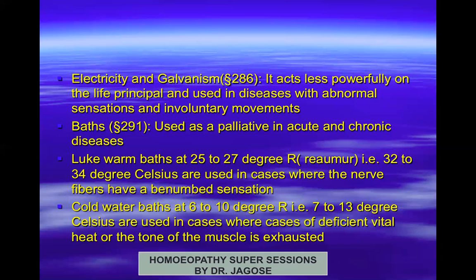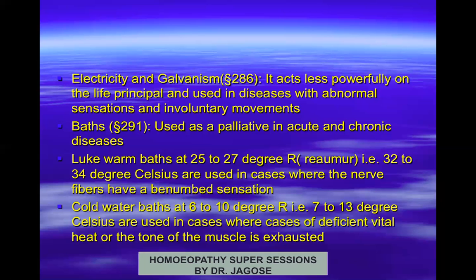It means Réaumur. If you convert it, it is 32 to 34 degrees Celsius. And it is used in cases where the nerve fibers have become benumbed, where a benumbed sensation is there. So Dr. Hahnemann is advising only lukewarm water baths without any chemicals added to it. And that makes a great difference.